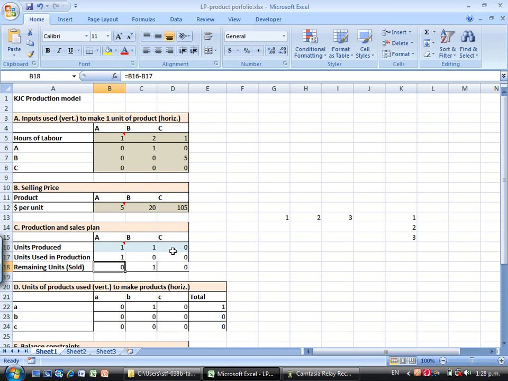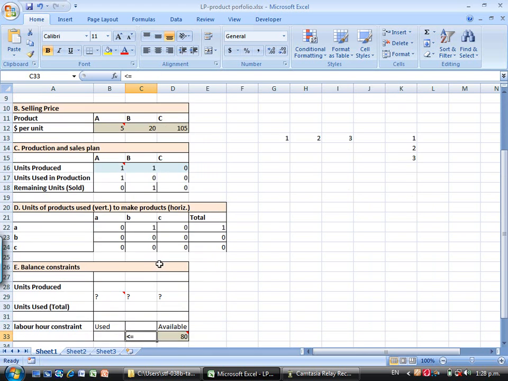Now what happens here, in this case we can see that 1 unit of A was produced and 1 unit of A was used in production, so there are no units of A remaining to be sold. In this column here, 1 unit of B is produced, but no units of B are used in production, which means that there's 1 unit of B remaining that is sold for revenue.